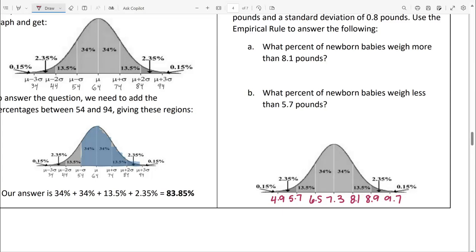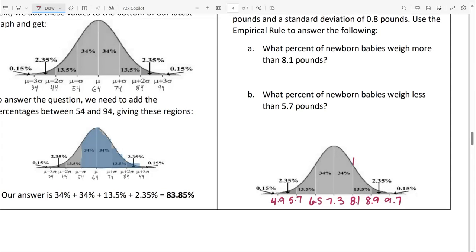Okay, so for part A, we want what percent of newborn babies weigh more than 8.1 pounds. So 8.1 pounds, that's right here, right? We want more than, so I'm going to add everything to the right of that. So 13.5 plus 2.35 plus 0.15. If we add those together, we get 16%.